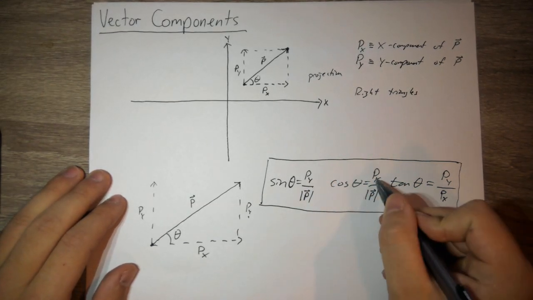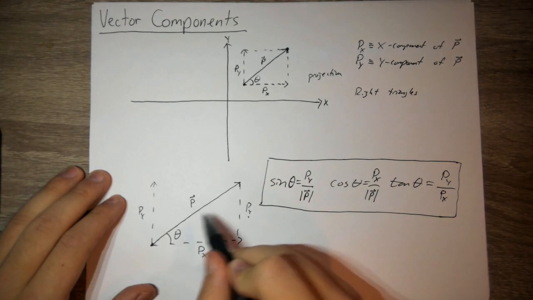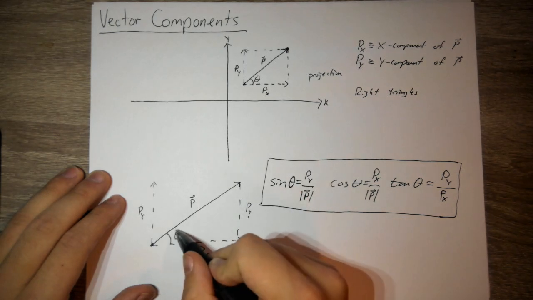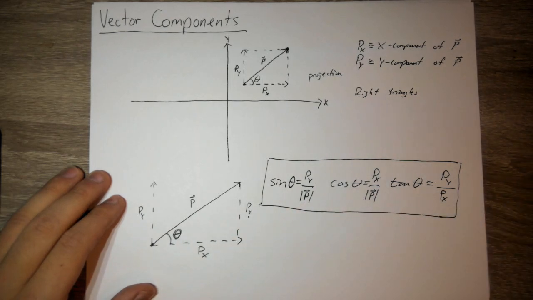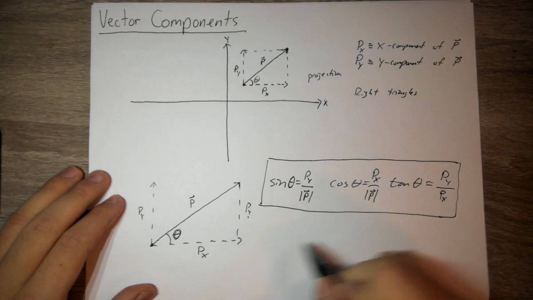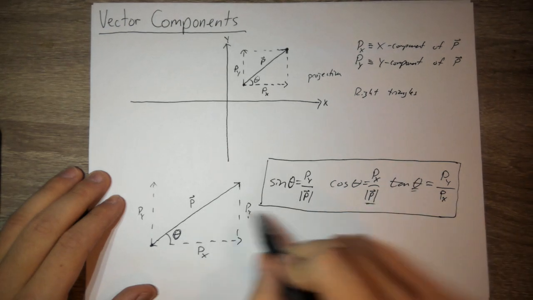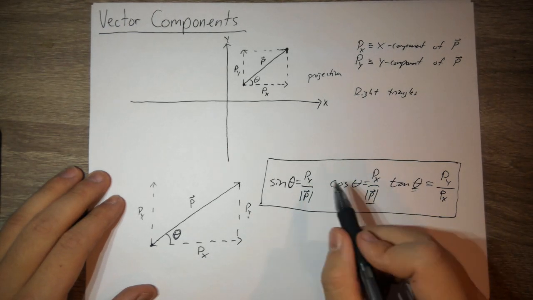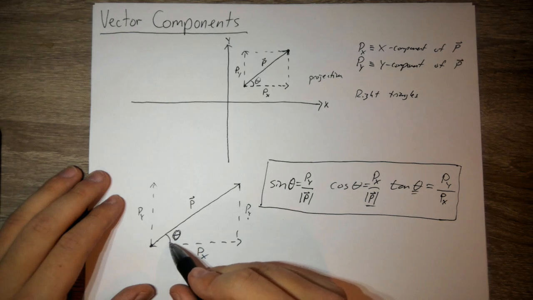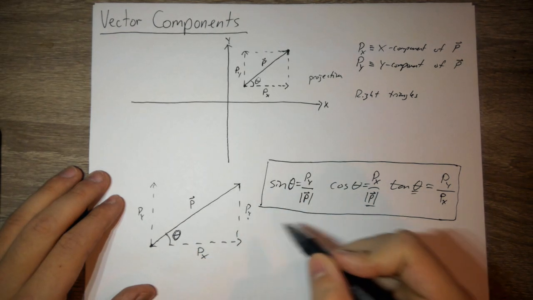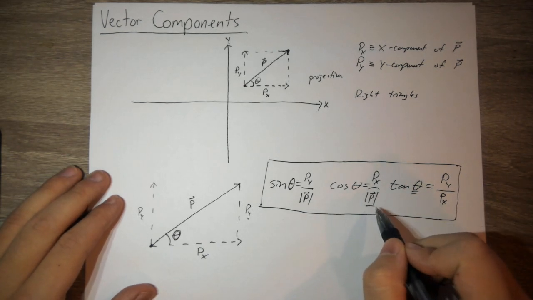You can calculate the x and y components if you know both the magnitude of the vector and the angle it is at, so essentially the direction. You can also calculate the magnitude of the vector if you know the angle and one of the components, or both of the components. We can also find the angle from any axis if we know the components and the magnitude of the vector.